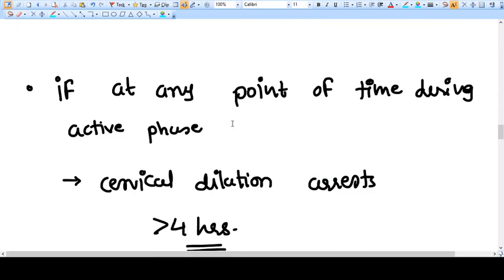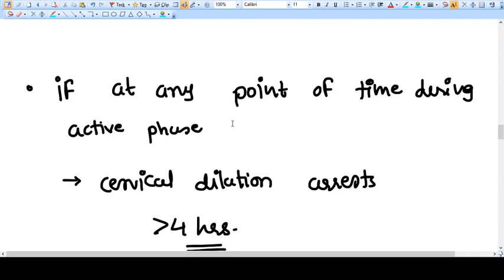Now, if at any point in the active phase of labor the progression just stops or halts for 4 hours, then we take it as an arrest of labor.